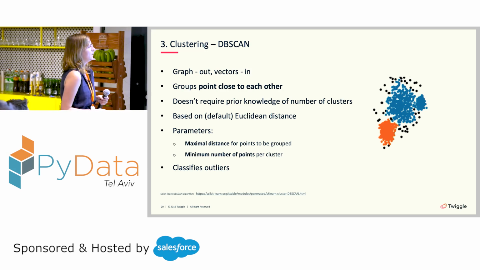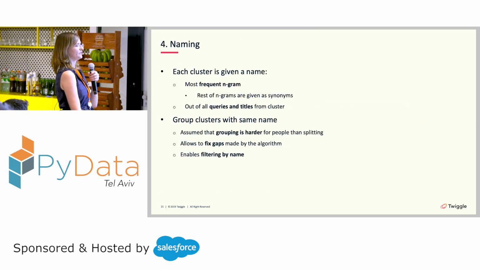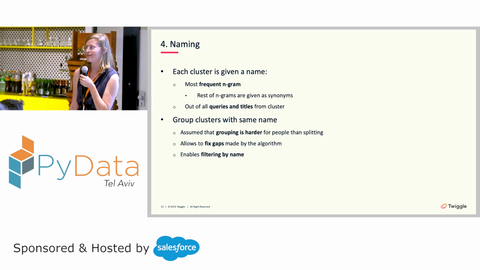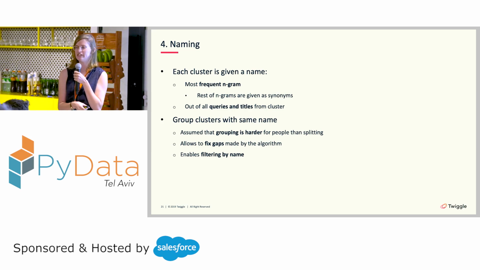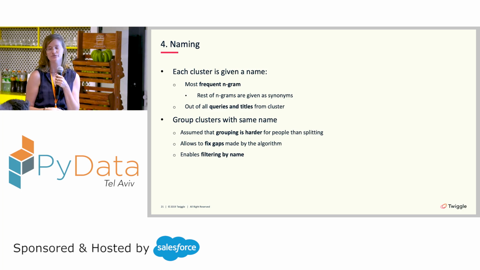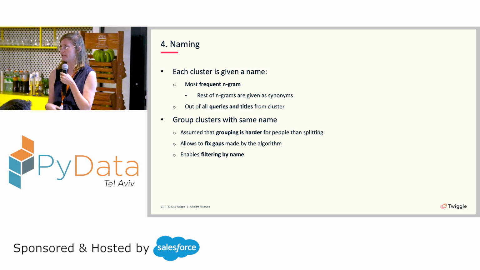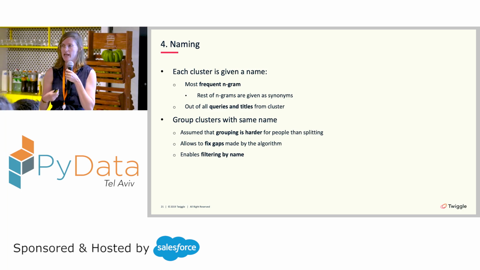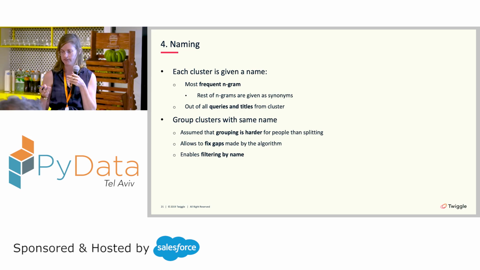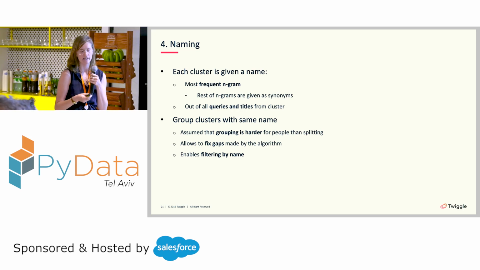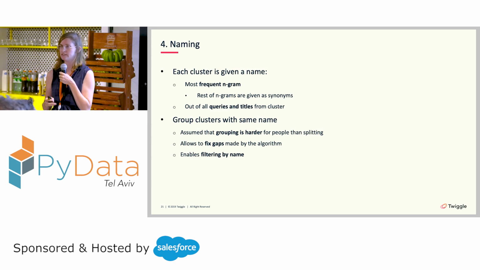All right, so I got my clusters, and now I'm going to give each cluster a name. I'm going to do that by choosing the most frequent n-gram out of all of the titles of the products and the queries in a product type, in a cluster. The rest of the n-grams will be used as suggestions for synonyms.